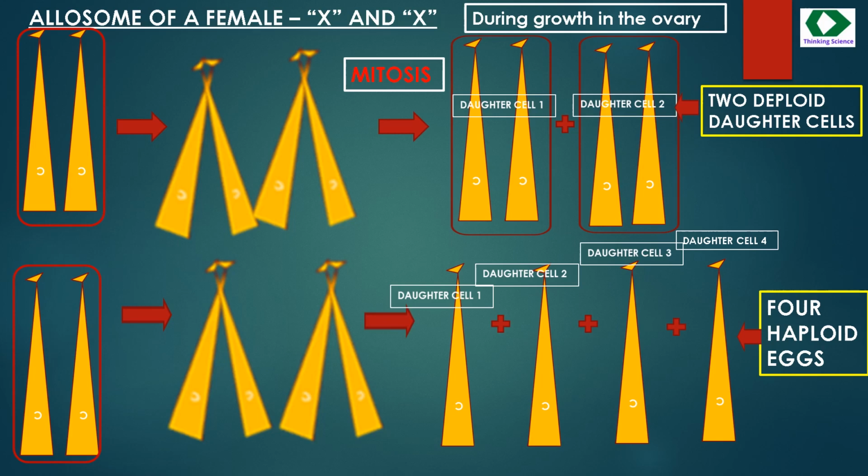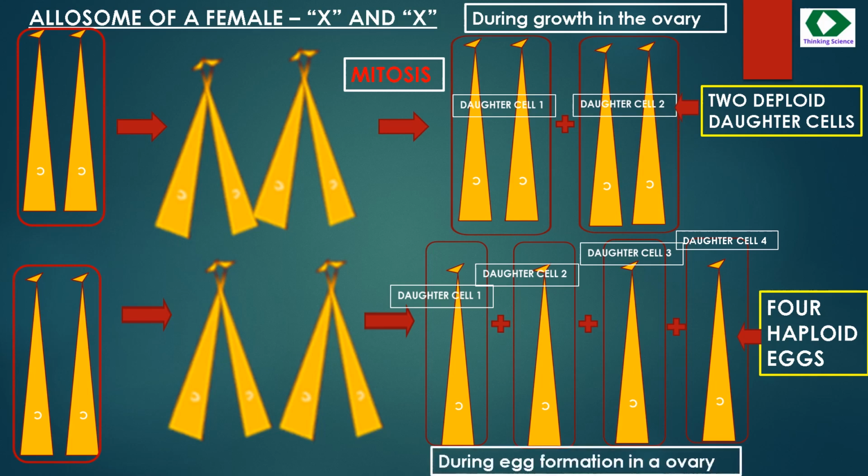So they will be haploid cells, and these haploid cells will become the eggs. So comparing the mother cell and the daughter cells, in mitosis a diploid mother cell gives rise to 2 diploid daughter cells. In the case of meiosis, one diploid mother cell gives rise to 4 haploid daughter cells which will become the egg in the ovary.